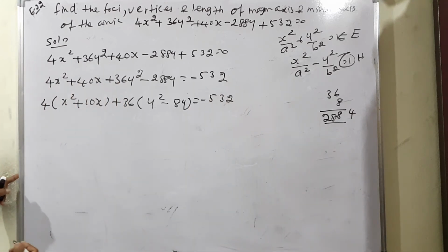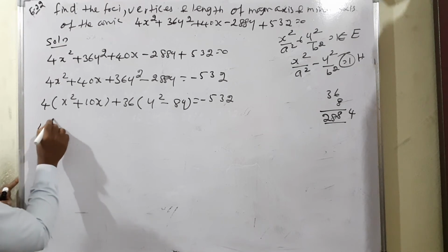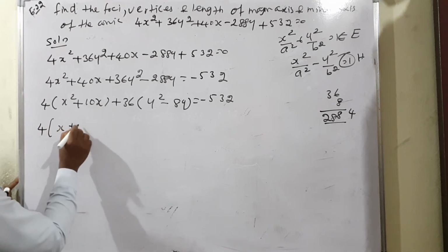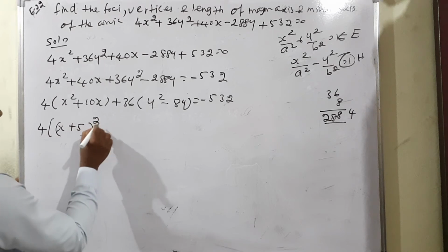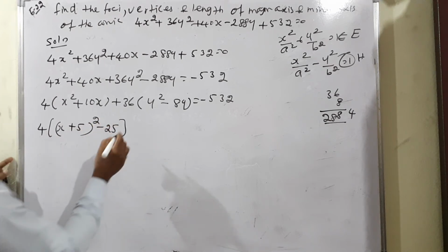Again, what do we have to do? Complete the square. 4 times (x + 5)² − 25, since half of 10 is 5.